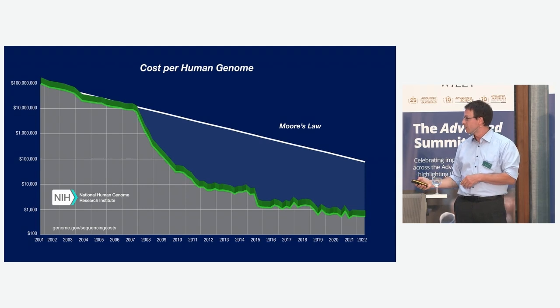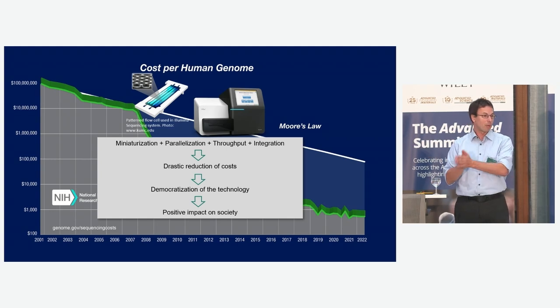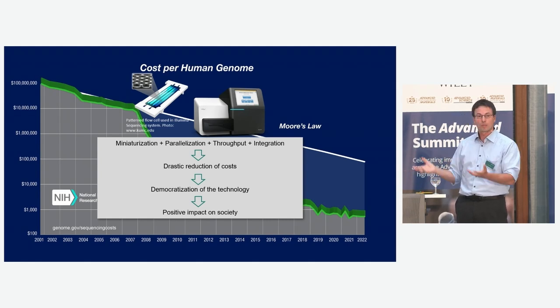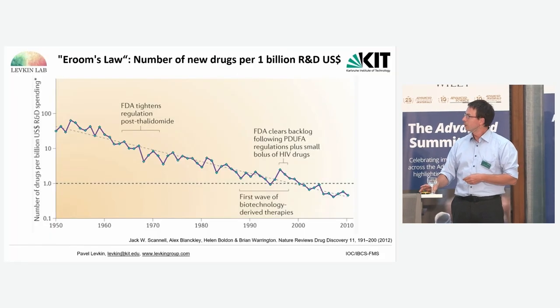And I would argue this was only possible through these 4 things: miniaturization, parallelization, high throughput, and integration of different parts of the process in the same technology, in the same system, which resulted in the reduction of costs first, which then led to the democratization of the technology, and we will see the positive impact from this technology yet.